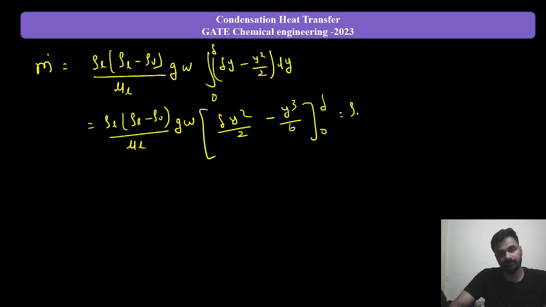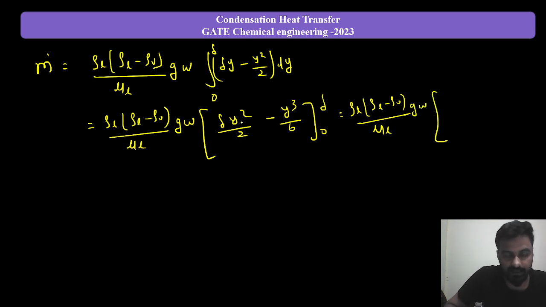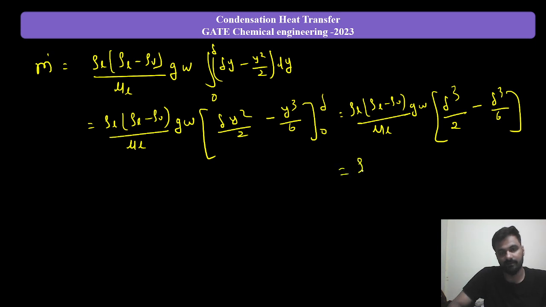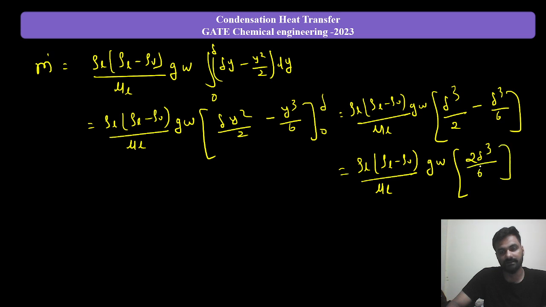So that will equal rho L minus rho V by mu L GW, and when we substitute delta, so delta cube by 3, sorry, delta cube by 3 minus delta cube by 6. So that will equal rho L minus rho V upon mu L GW. So that is equals to 2 delta cube by 6.